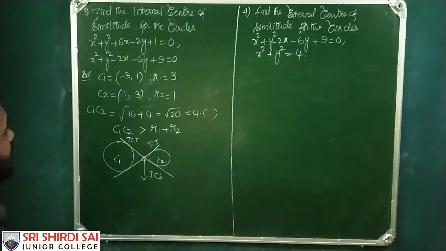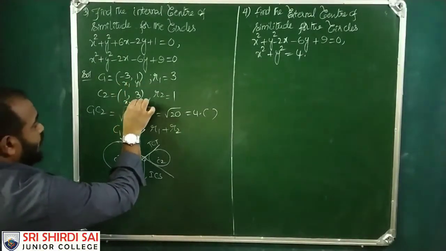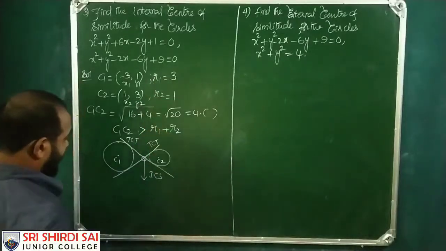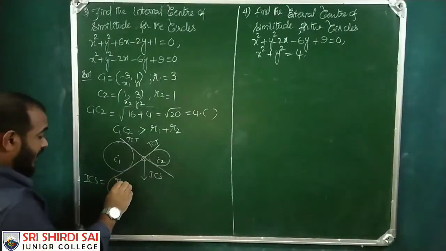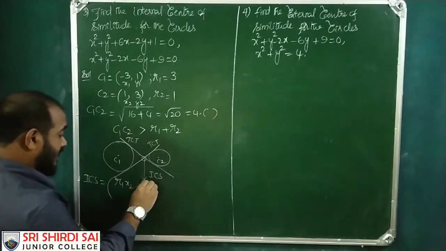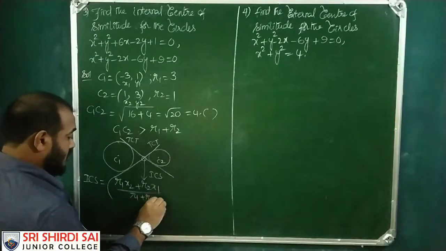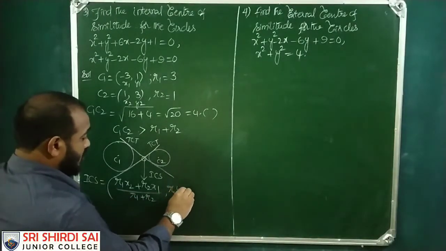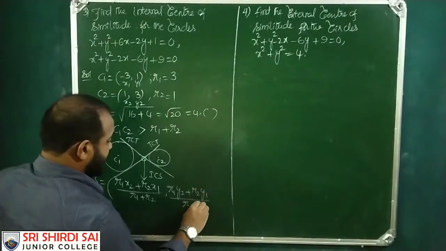So C1 is (x1, y1) and C2 is (x2, y2). R1, R2 are already there. So the internal center of similitude, as we discussed yesterday, is (R1x2 + R2x1)/(R1 + R2), (R1y2 + R2y1)/(R1 + R2).